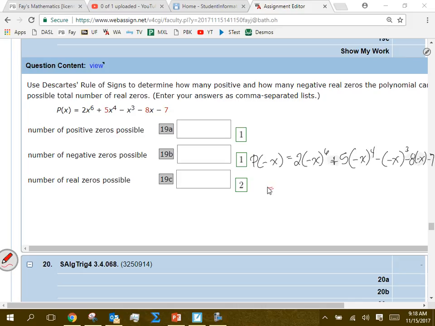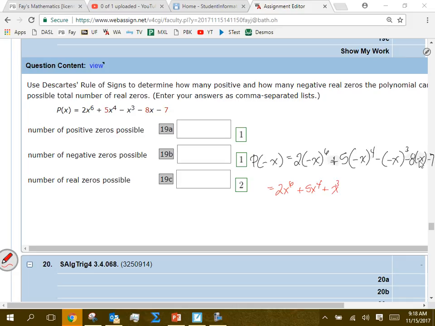Evaluating this, that's going to be a positive x. It's the 6th power, so it's going to be 2x to the 6th. This is going to be positive as well, so plus 5x to the 4th. This is negative, but when you have this negative out in front, it's going to be positive x cubed.